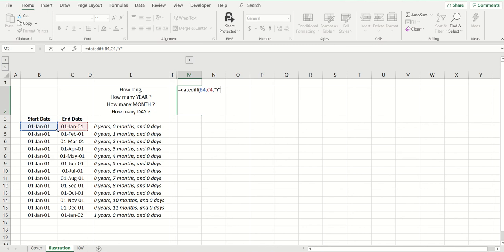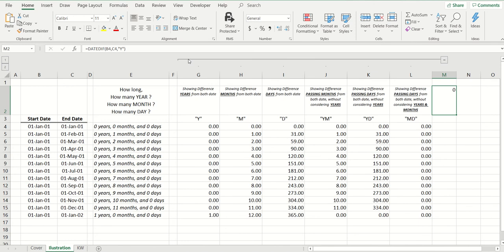This DATEDIF formula has several formats. Here is the list of formats that can be used in the DATEDIF formula.